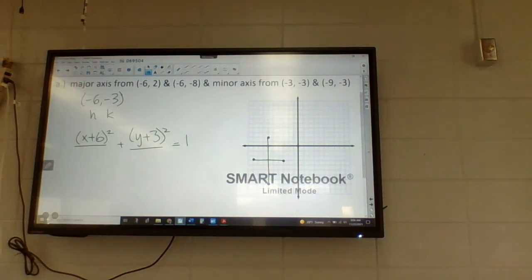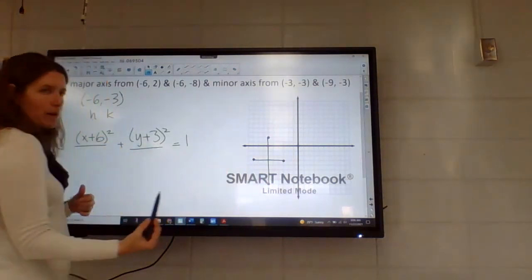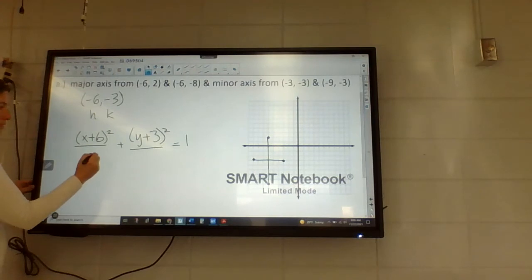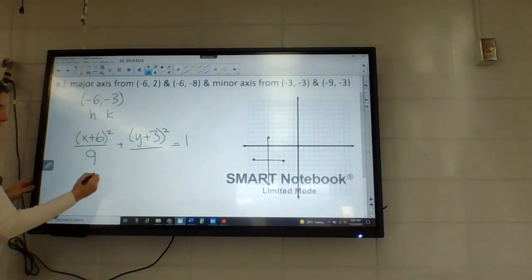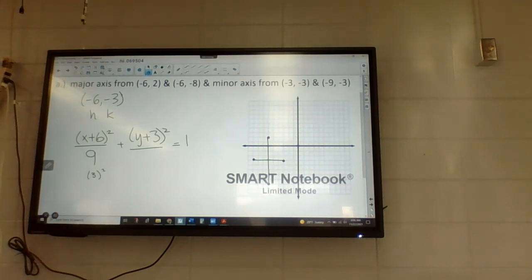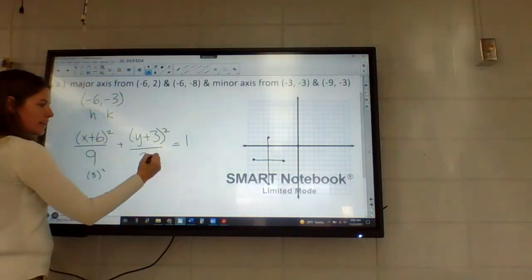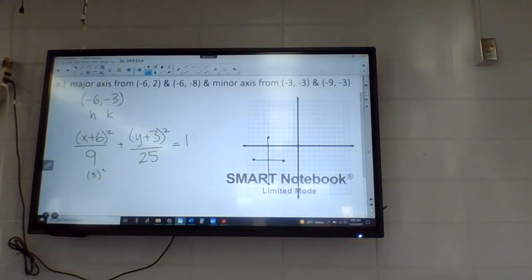And remember, just like when we were graphing these, think about how much you go out in each direction. So in the x direction, I'm going out each way 3. So what am I going to put underneath here? I'm going to put 9, so it's 3 squared underneath, so 9. And then going up and down, it's 5 each way, so then I put 25 underneath.